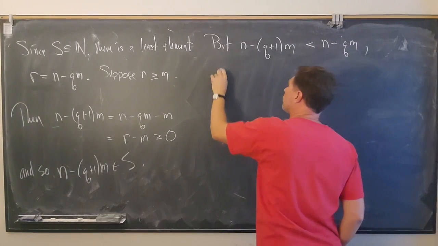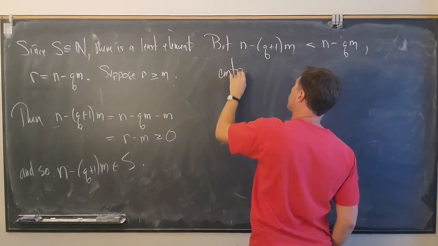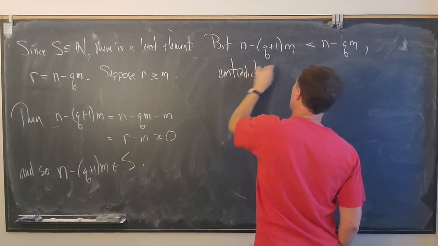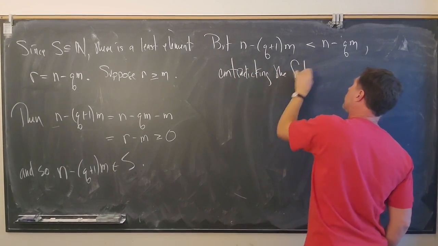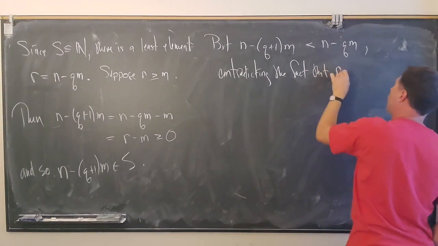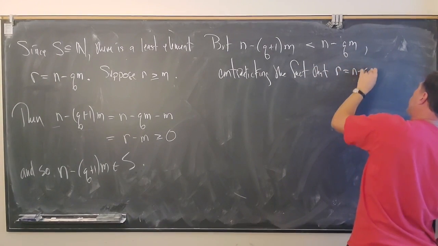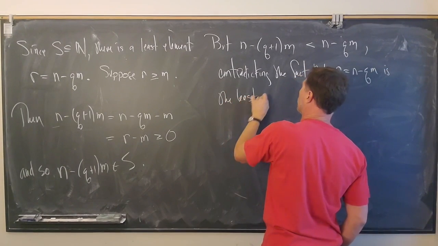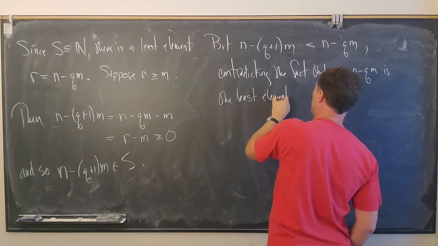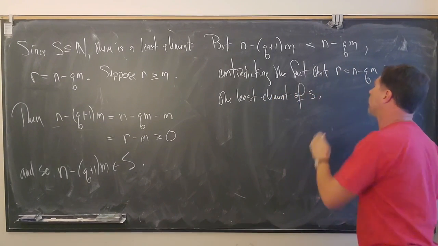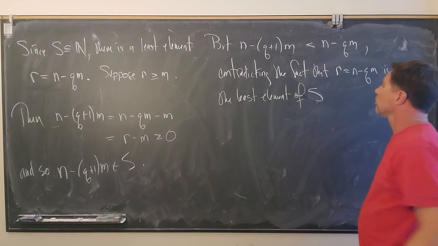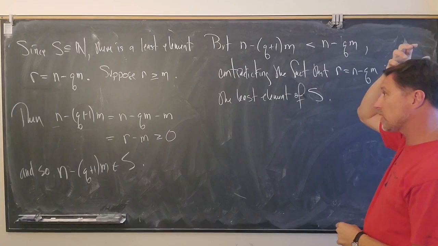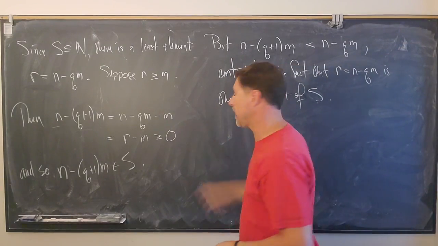So contradicting the fact that R, which is n minus qm, is the least element of capital S. Okay, so what does that tell us then? Well, that tells us that R has to be strictly less than m.